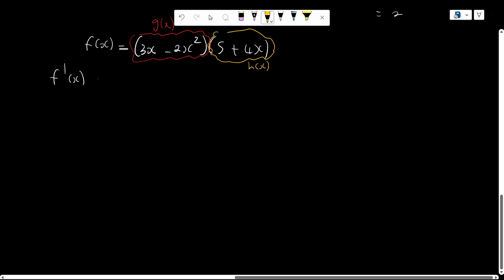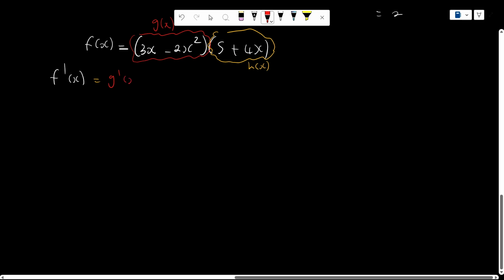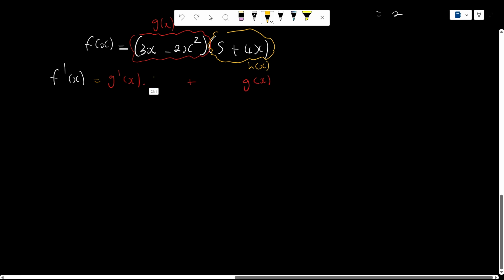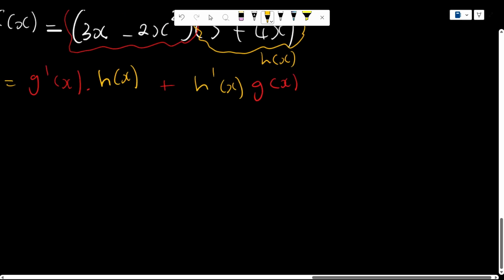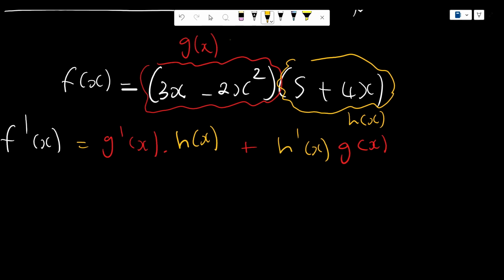So we could say this one here is equal to g prime of x times h of x plus g of x times h prime of x, right? This is the formula that we use.